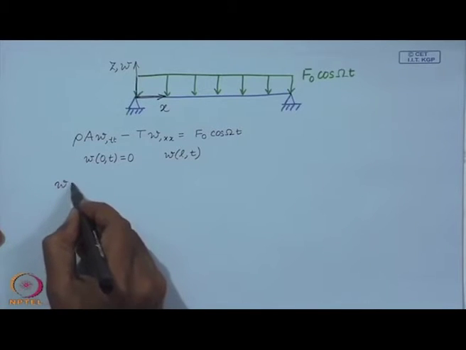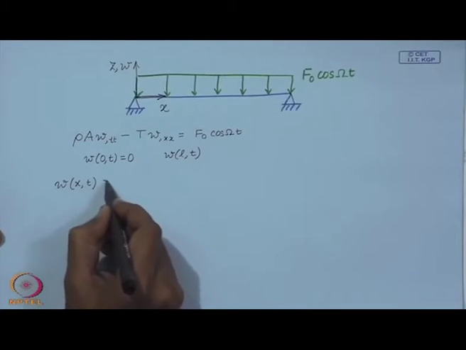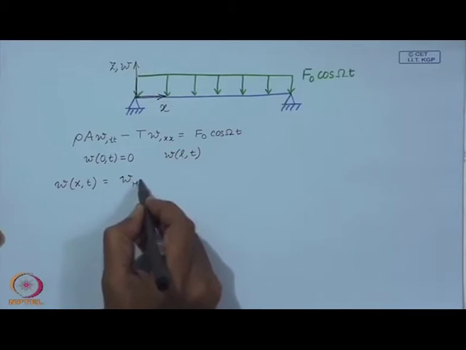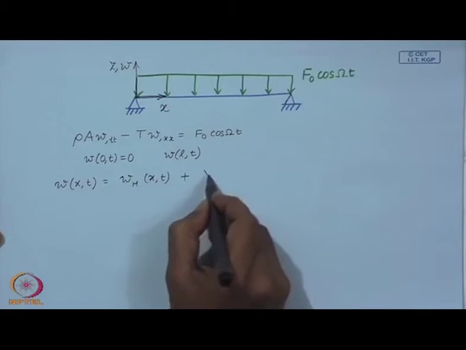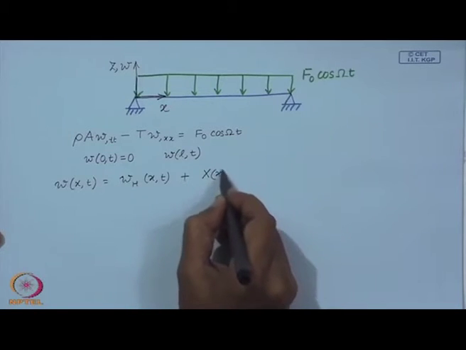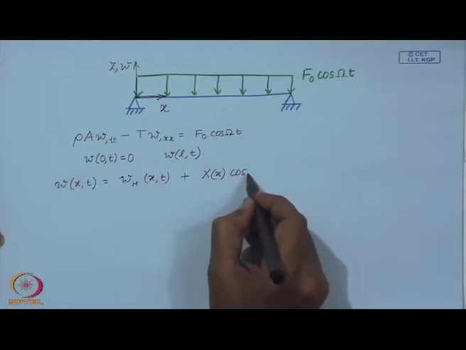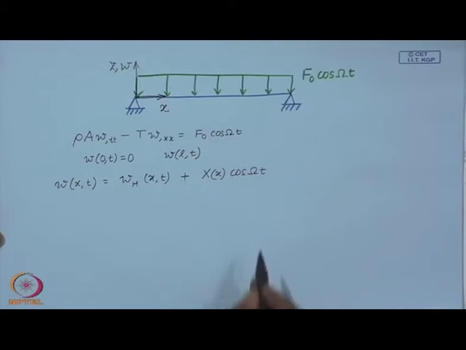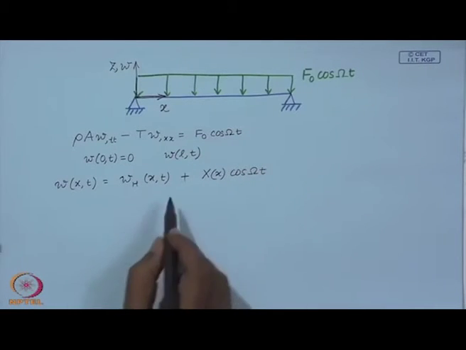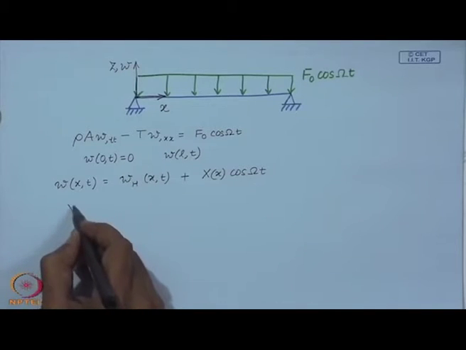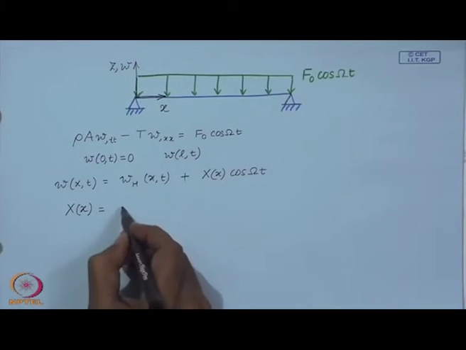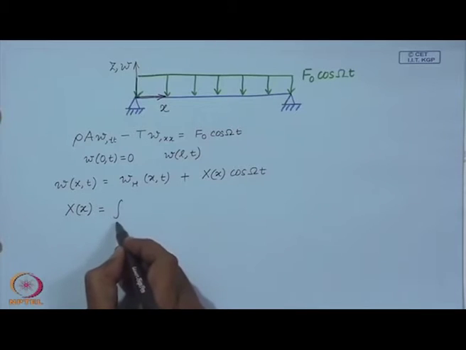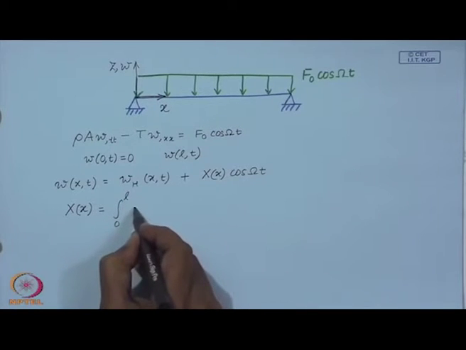So, the solution is a homogeneous solution plus the particular solution in this form, and we have already derived the Green's function, and we need to solve for this amplitude function of the particular solution by performing this integral.